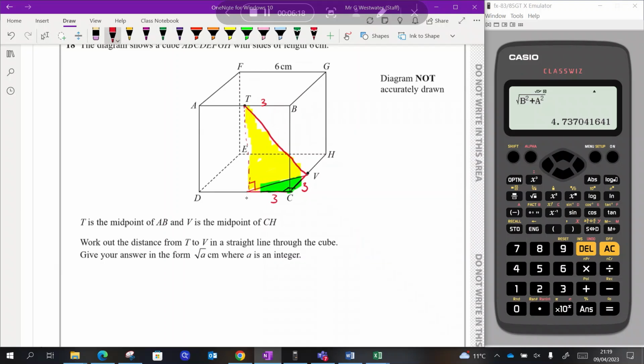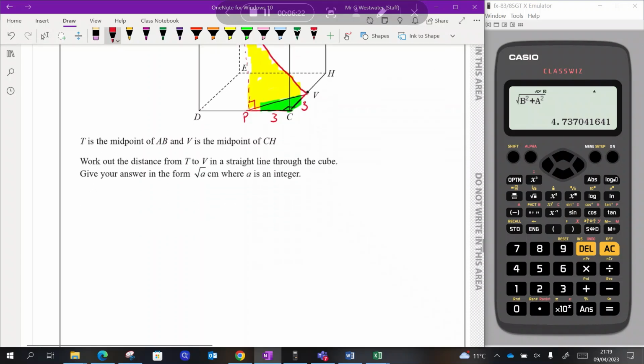So let's put in all the measurements. If I call this one, for lack of anything else, P, then let's say this is going to be PVC, with lengths 3, 3 here. So PV using Pythagoras' theorem.